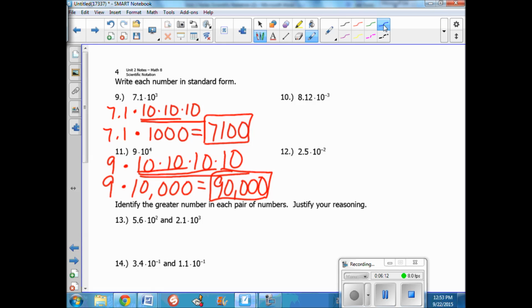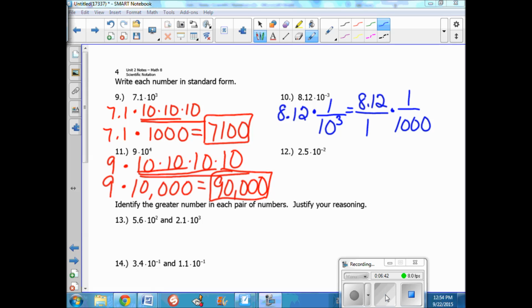So let's look over at number 10. So 8.12 times 10 to the negative 3. Well, you know to take the reciprocal when you have a negative exponent. If I put this 8.12, or 8 and 12 hundredths over 1 times 1 over what is 10 to the third power. Okay, by now you should know that that's 1,000.